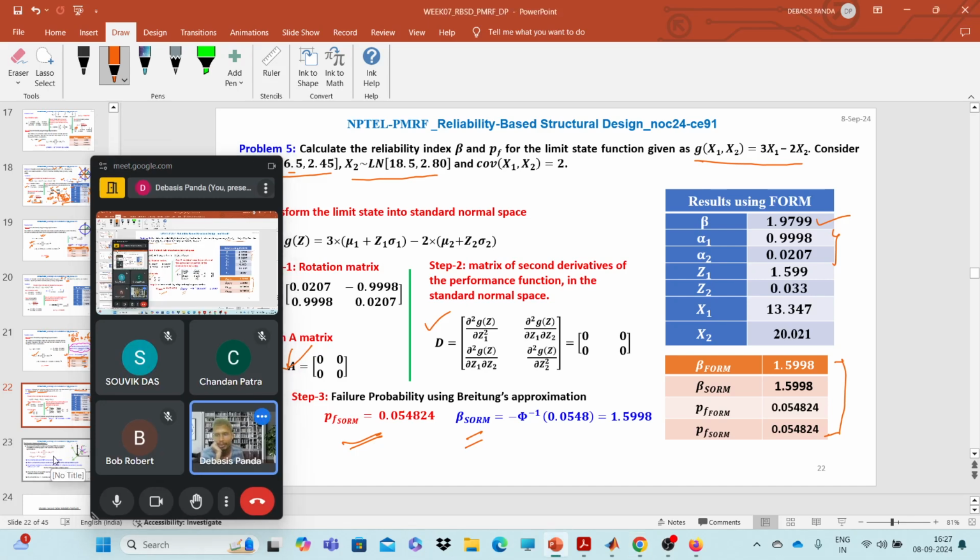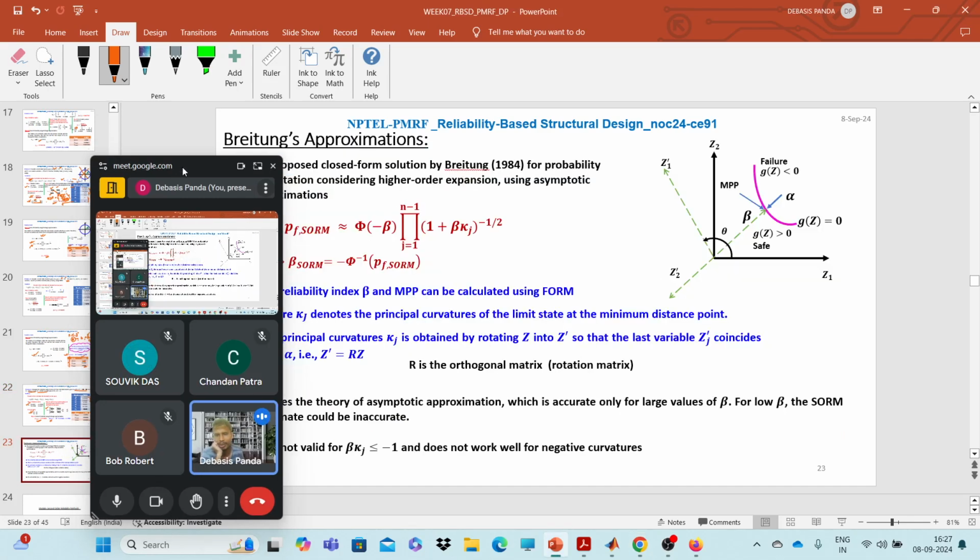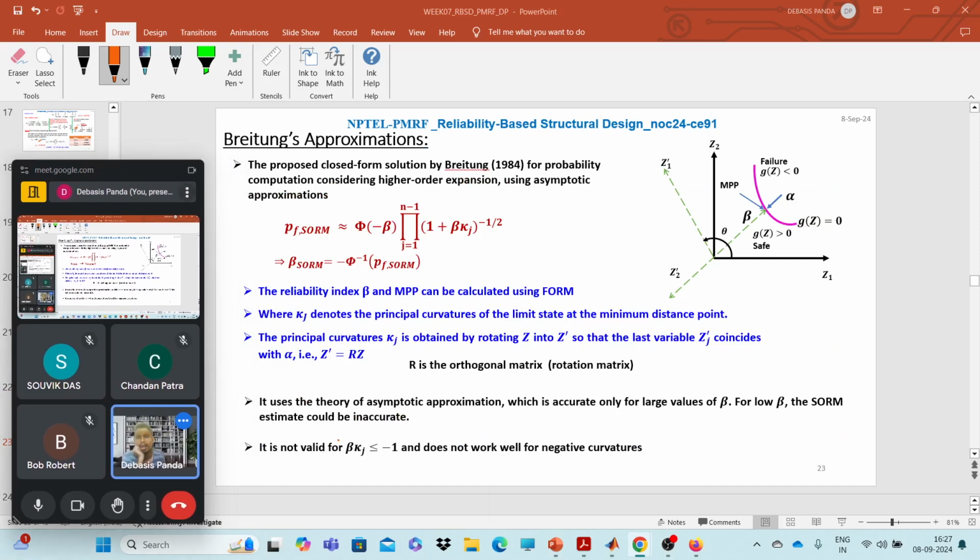So here in the Breitung approximation, we have some limitations, like this model will not be valid if beta kappa j is less than 1. That means for negative curvatures it will not work. And as it uses asymptotic approximation, which we haven't discussed, you can go through that paper or the videos of Professor Arunasi Chakraborty, and you will get it.